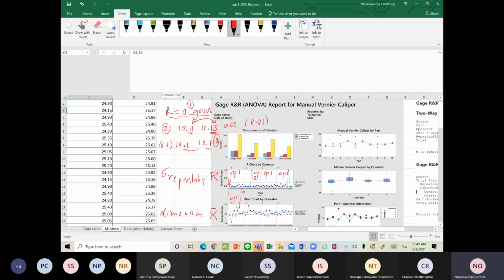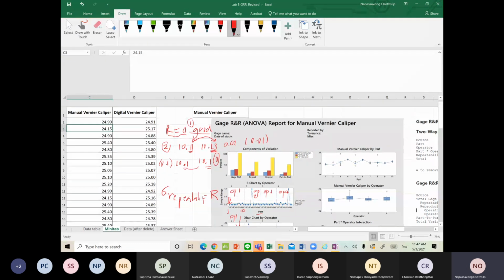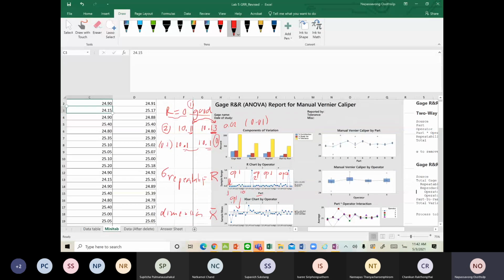To judge whether the resolution is enough or not, like in this case, the manual vernier has a resolution of 0.05. You have to count the number of different R values from the R chart.